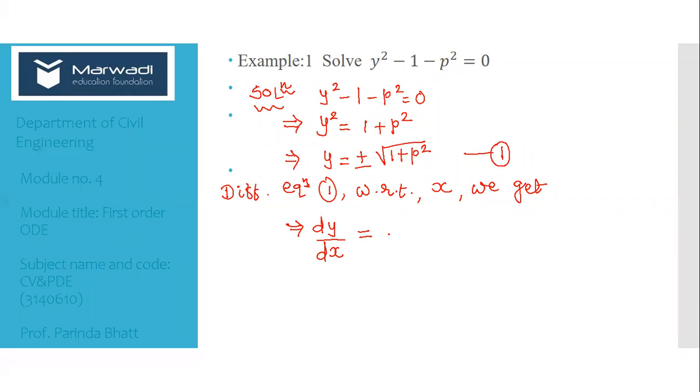Therefore, 1 upon 2 times, because we know that the differentiation of root x is 1 upon 2 root x. Therefore, here 1 upon 2 root 1 plus p square.